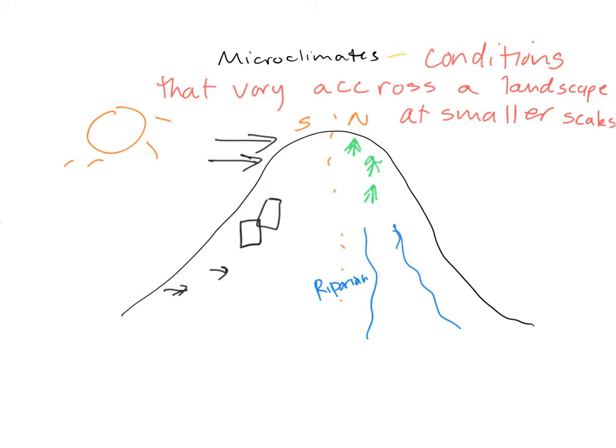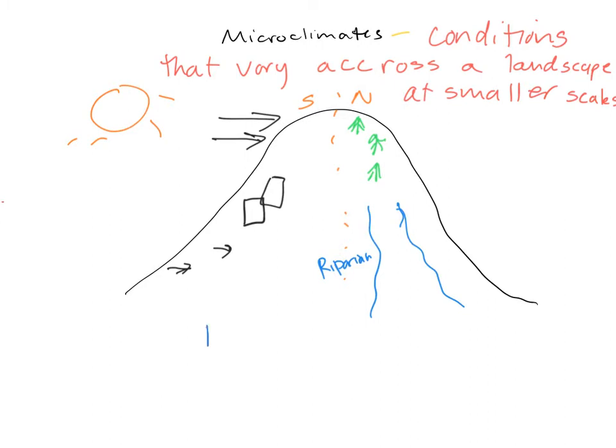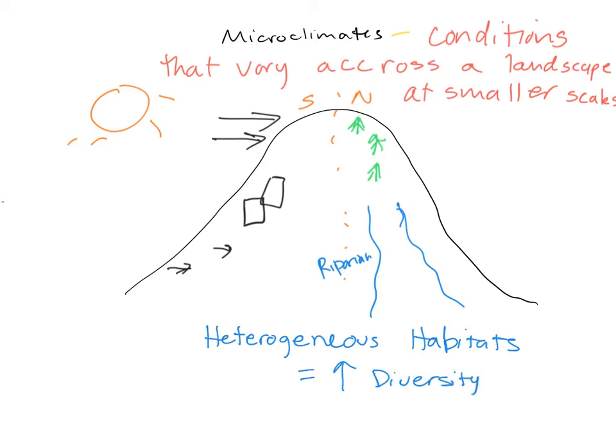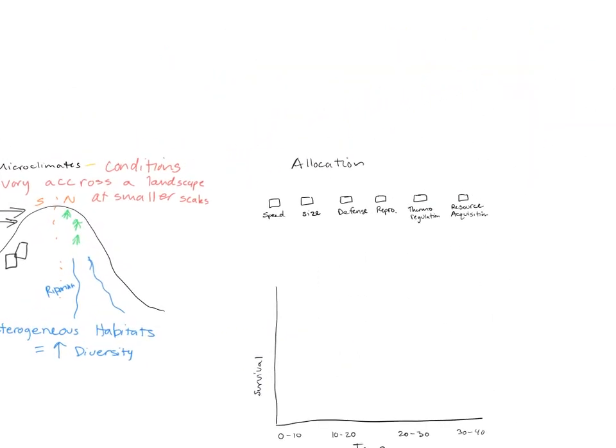And so a mountain elevation provides heterogeneity, and heterogeneous habitats therefore have a lot more variation, and so then they have more diversity, more biodiversity. All right, so that's the basics about microclimates.